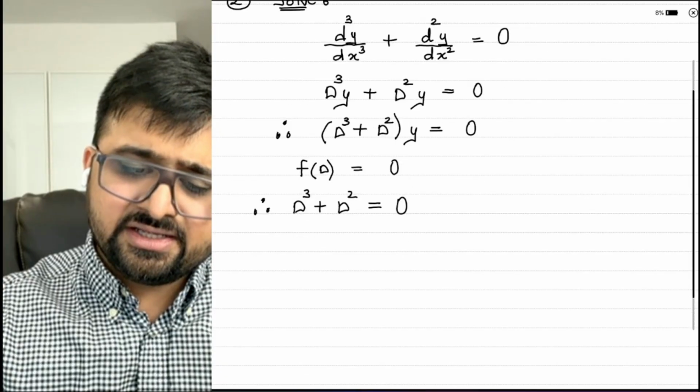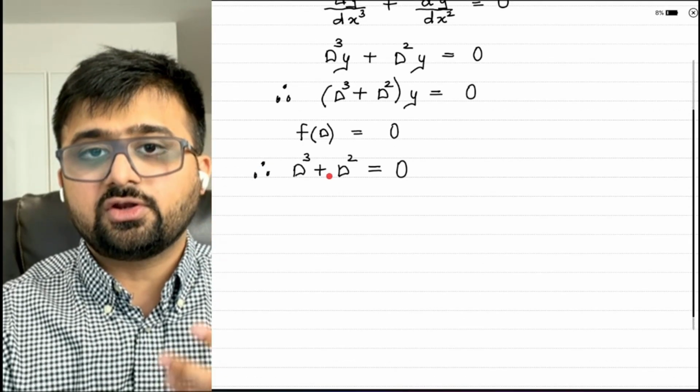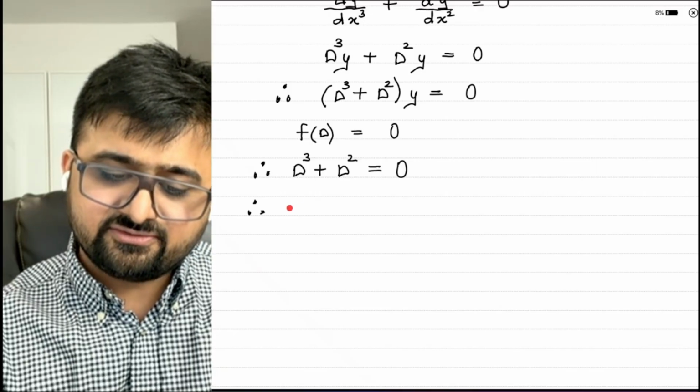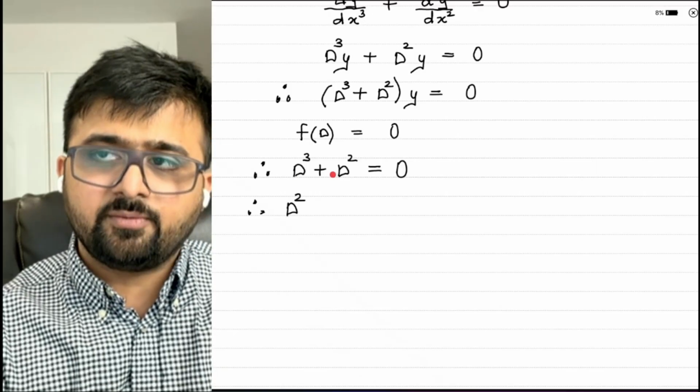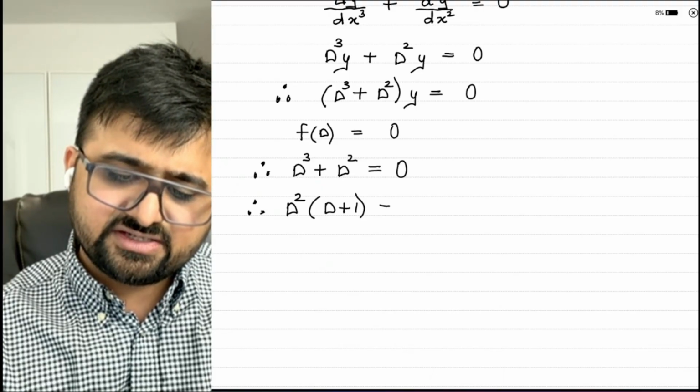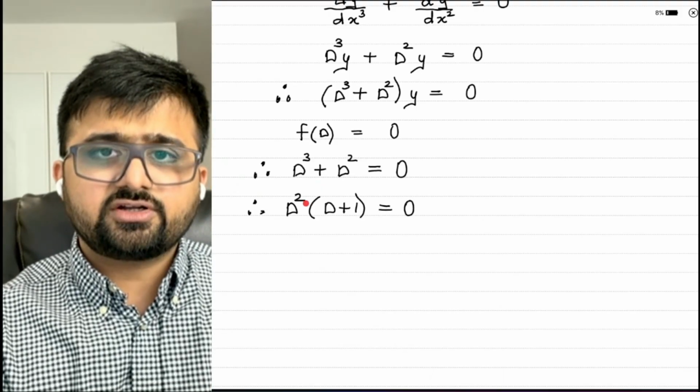Now we need to find the values of D from here, or the roots of this auxiliary equation. In order to find the values of D, just take D squared common, or factor out D squared. So you will be left with D plus 1 is equal to 0. Again, the product of two numbers is 0.